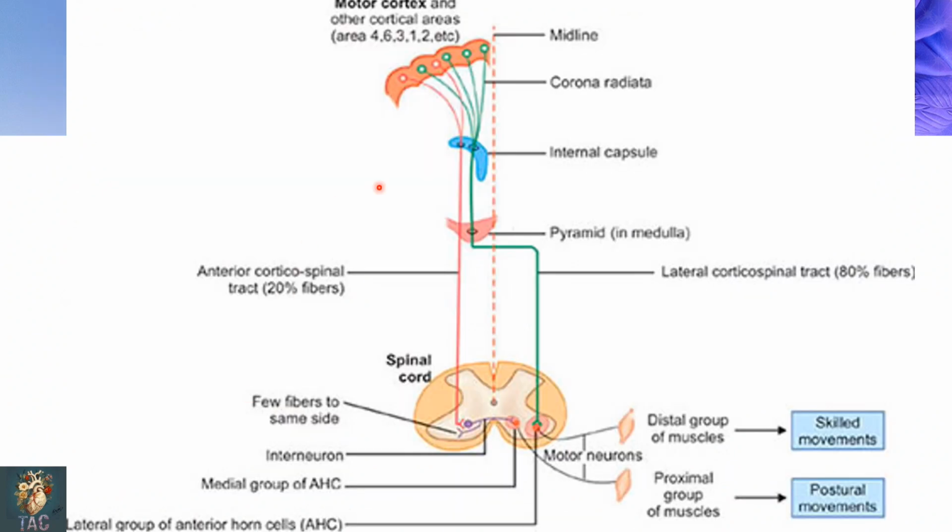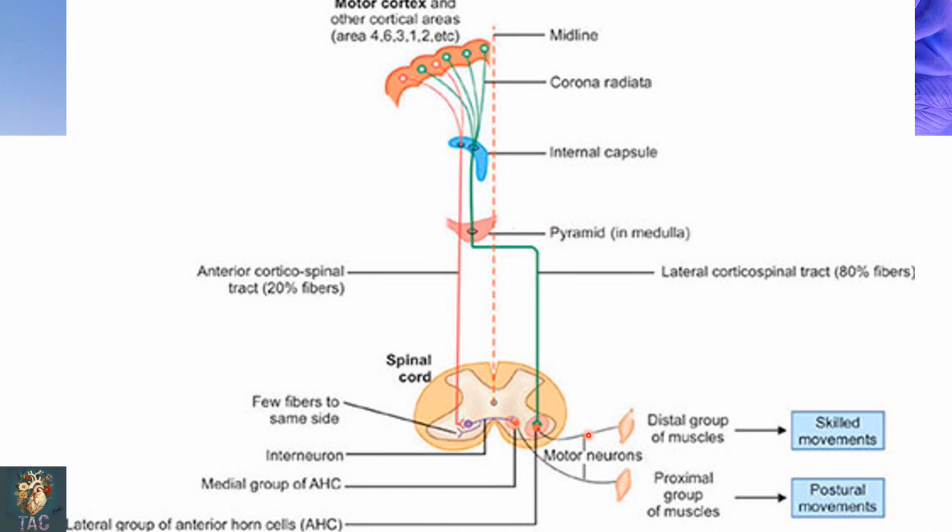Again, another diagram to help you memorize this. This is the cerebral cortex, and fibers come from areas 4, 6, 3, 1, and 2, forming the corona radiata, passing through the internal capsule, then through the brainstem in the pyramid, crossing to the opposite side, or uncrossed.